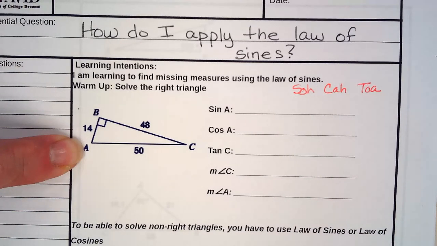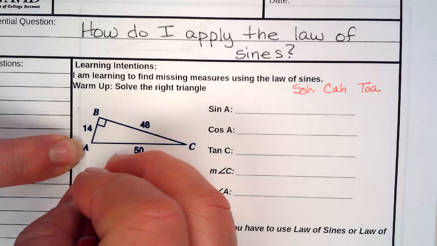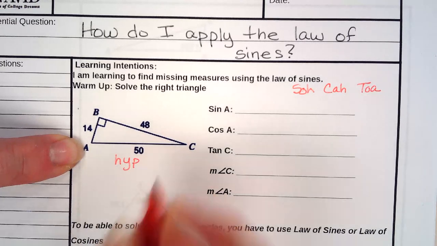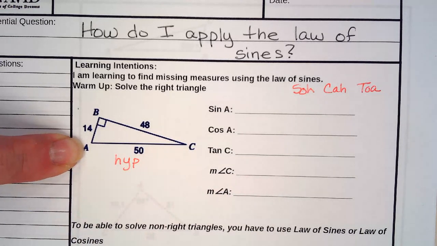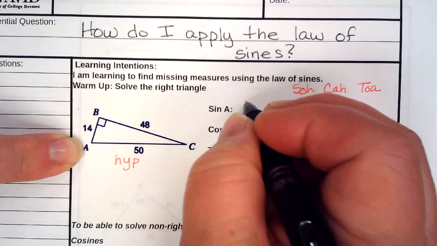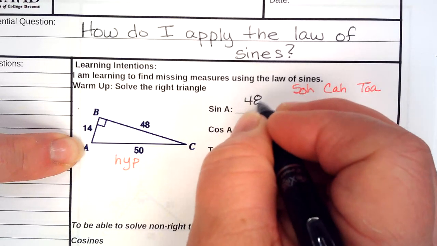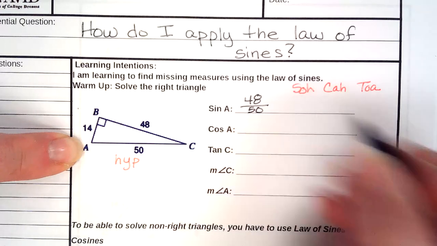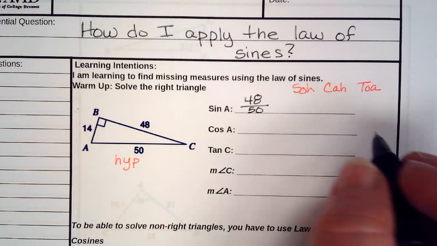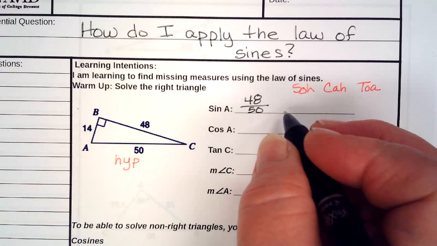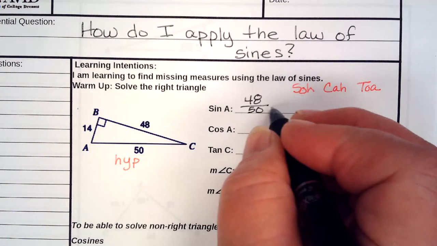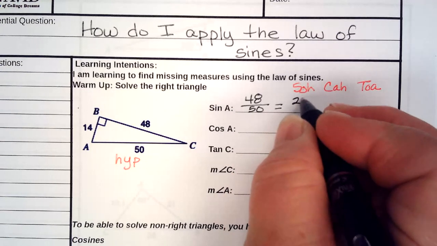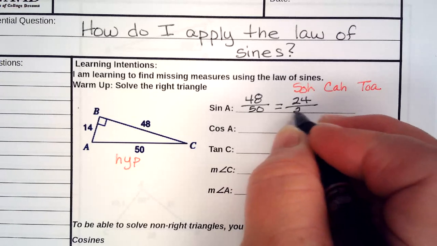Now we always know what the hypotenuse is because it's directly across from our right angle. So our opposite is 48. Our hypotenuse is 50. 48 divided by 50, both of them have a factor of 2. So that's 24 over 25.